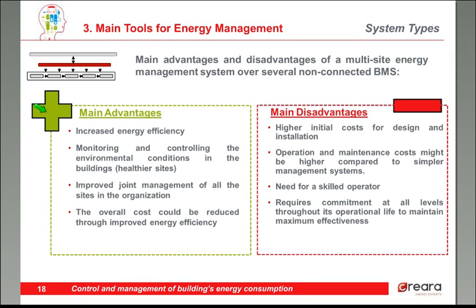The main disadvantages are that they definitely are more expensive from the CapEx point of view. Also, running this specific system could be more expensive. This is more on the operating costs. They could require certain skills from the energy manager, and certain commitments at all levels of the organization could also be necessary.